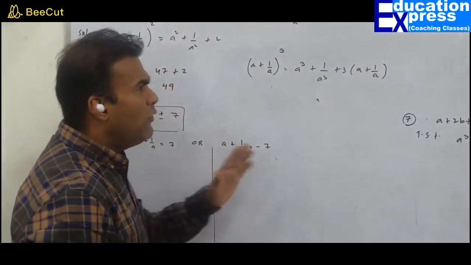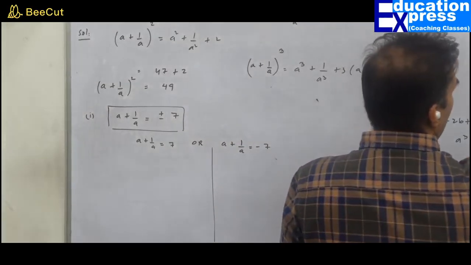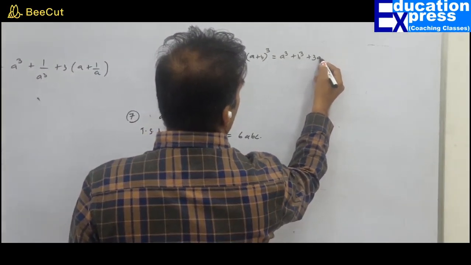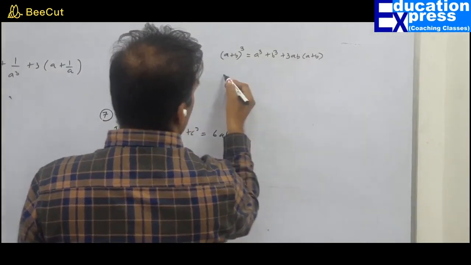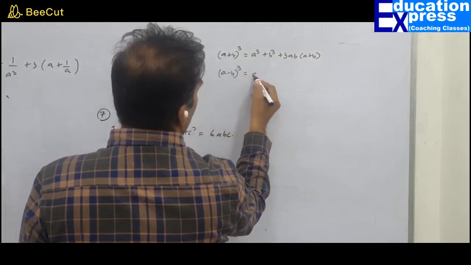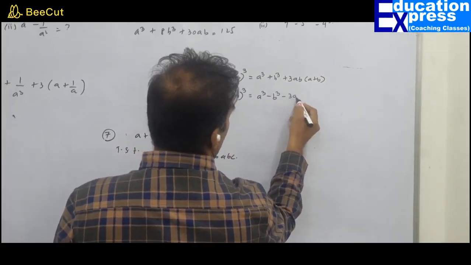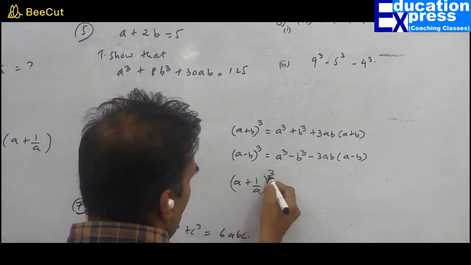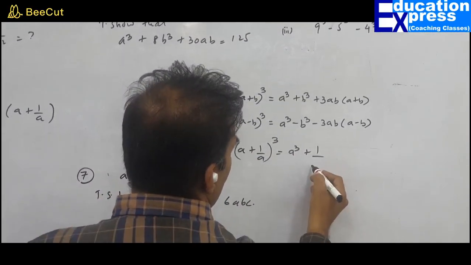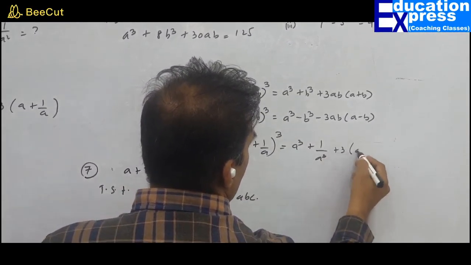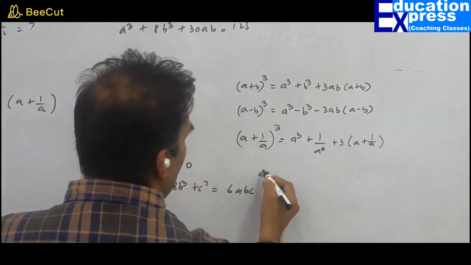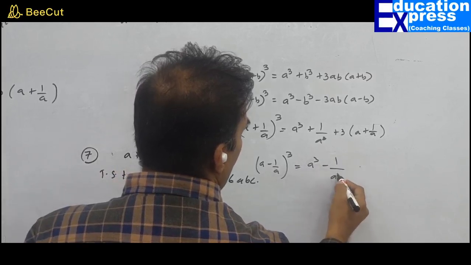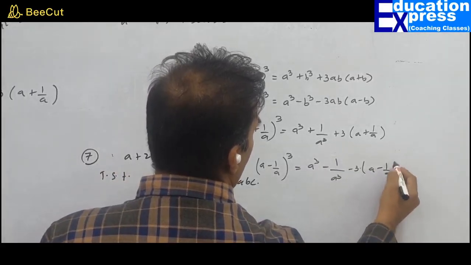I hope you remember the four formulas that I have introduced to you. (a plus b) whole cube equals a cube plus b cube plus 3ab(a plus b). (a minus b) whole cube equals a cube minus b cube minus 3ab(a minus b). (a plus 1 upon a) whole cube equals a cube plus 1 upon a cube plus 3(a plus 1 upon a), and finally (a minus 1 upon a) whole cube equals a cube minus 1 upon a cube minus 3(a minus 1 upon a).